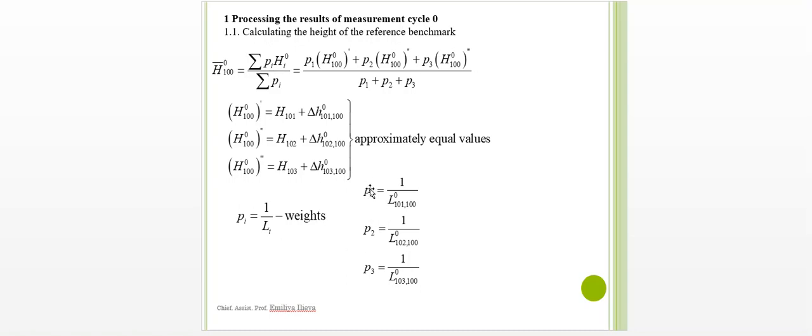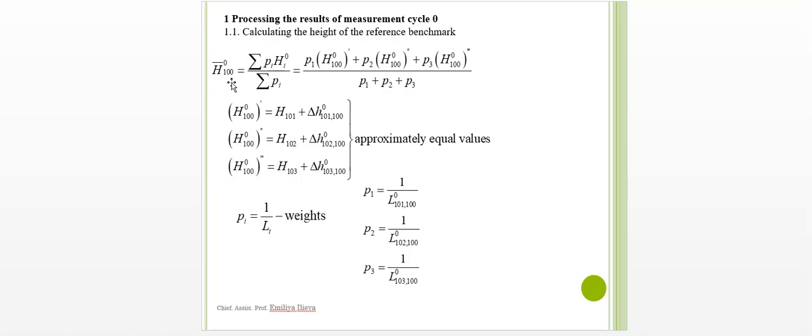So we have three leveling lines, so we have three weights, and in this equation you need to replace the values of the weights and the approximately equal values for the initial benchmark, and this is going to be the final value for our reference benchmark in the first cycle, in the zero cycle.